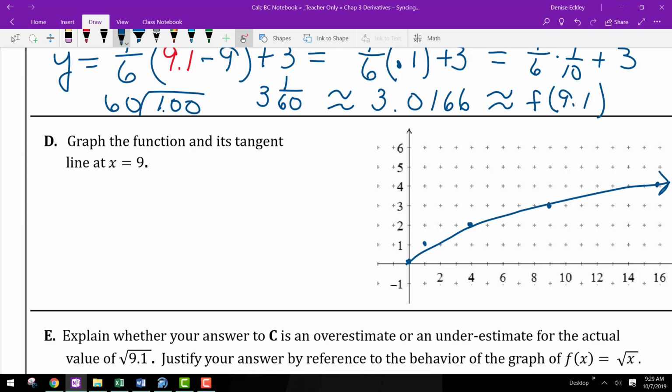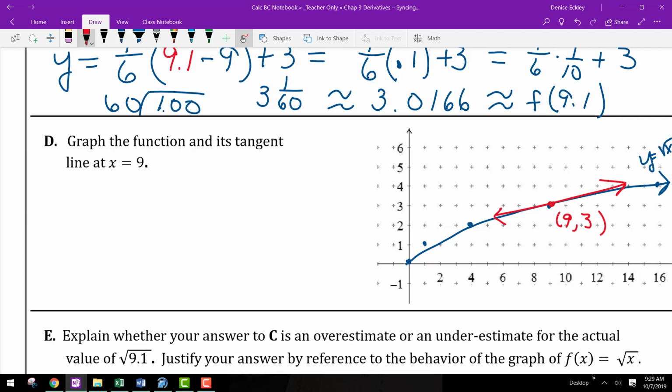There's my square root. So this is y equals the square root of x. And then I'm going to draw a tangent line here at 9. Actually, that wasn't too bad. So here's my point 9, comma 3.